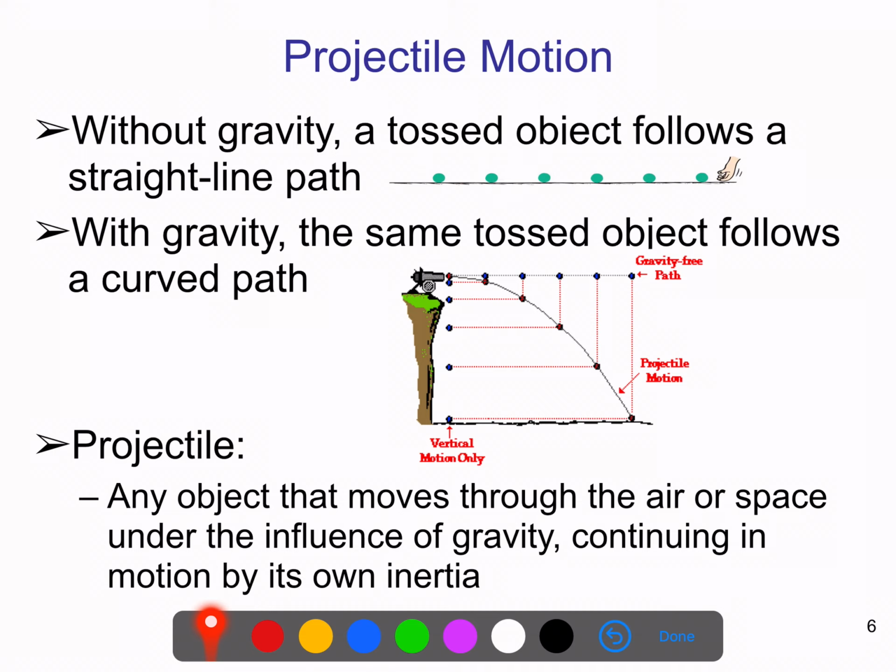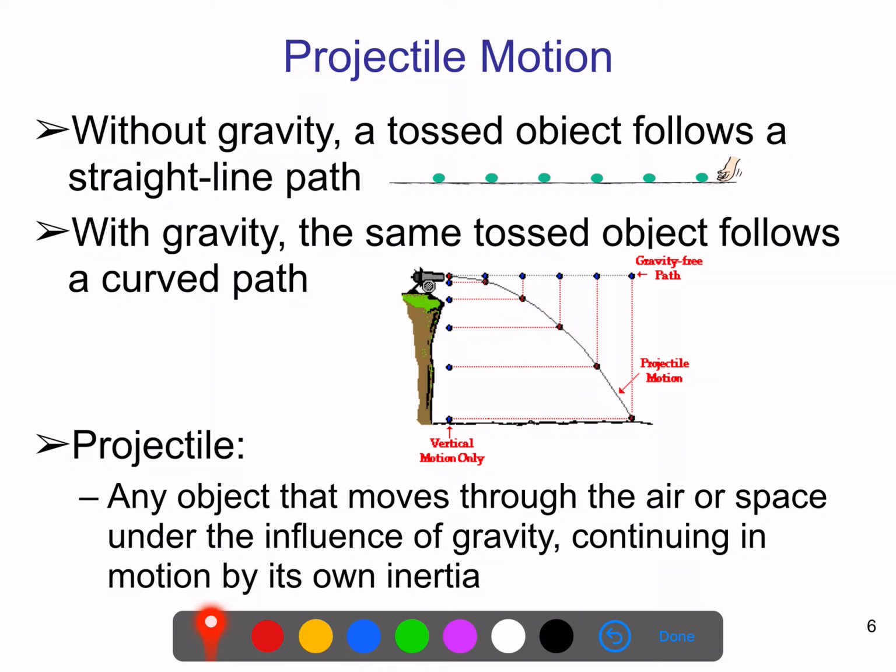But with gravity, it doesn't affect this horizontal component at all, but it does affect the vertical component and accelerates the object downward. So if this is my vertical component and this is my horizontal component, then you can see these two aspects combined to give you this sort of curved path or curved trajectory.